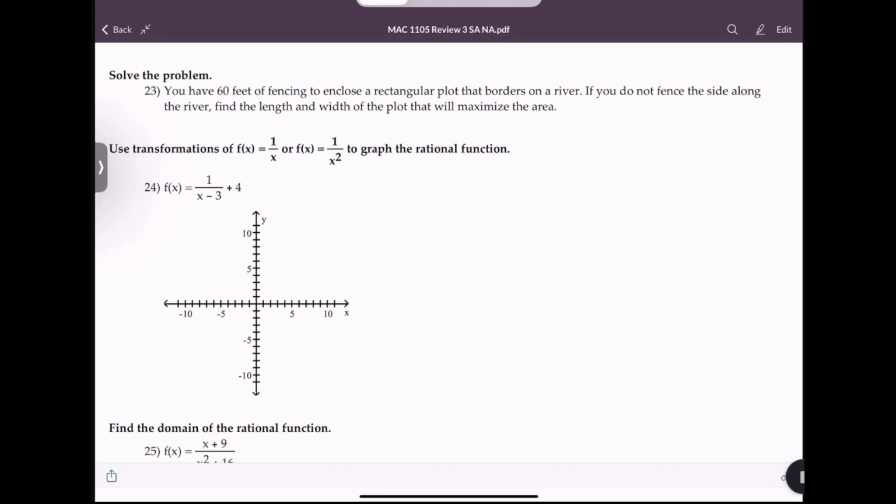So you just found your length to be 15. Because again, you're looking for your axis of symmetry, which is negative B over 2A. It's positive 15.